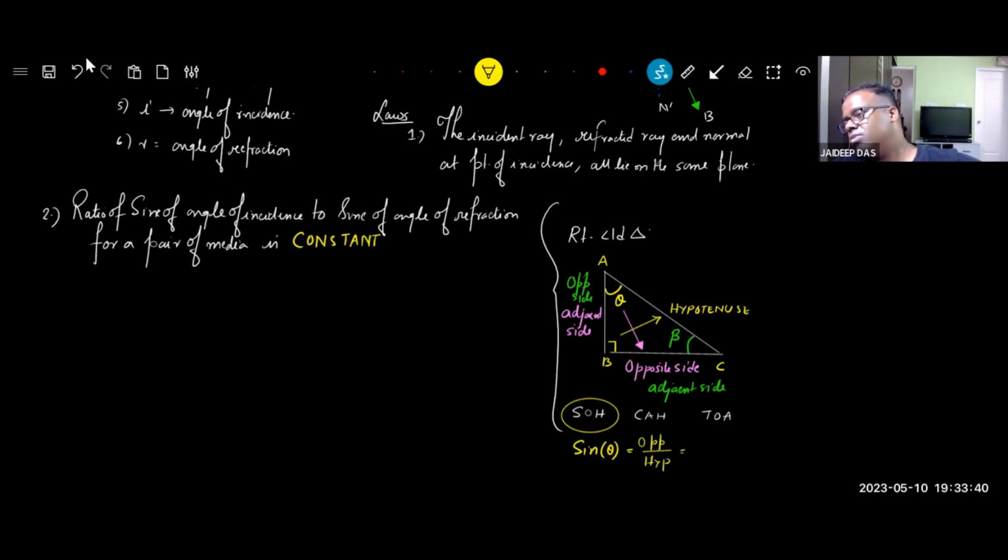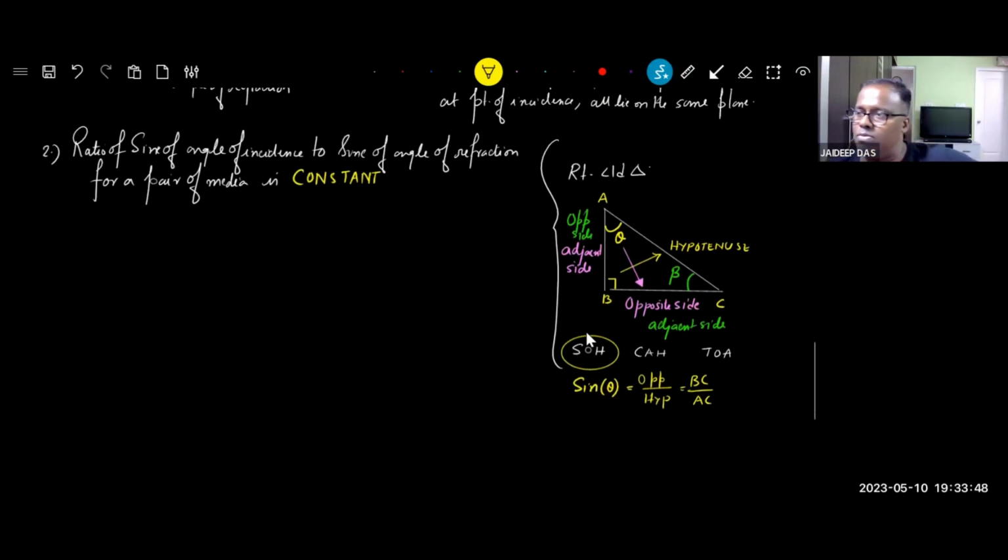So what is sine equal to? Sine is equal to BC upon AC. And if I would have changed my diagram and I would have tried to look for sine of beta, then it would have been again opposite by hypotenuse, but this time it would have been AB by AC.